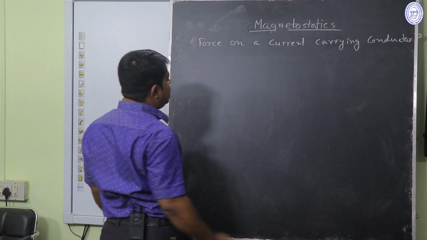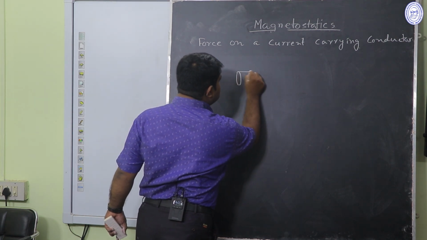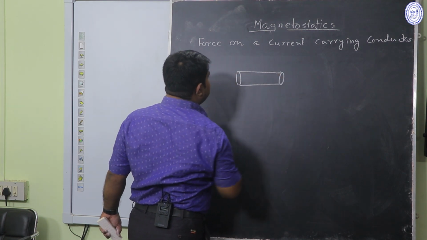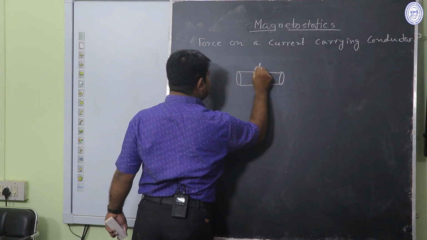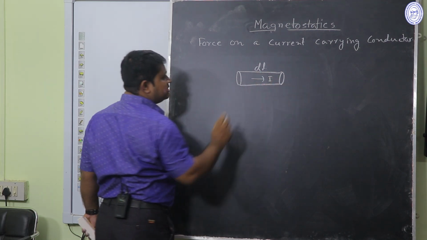We consider an elementary length dl of the conductor carrying a current I along its length.